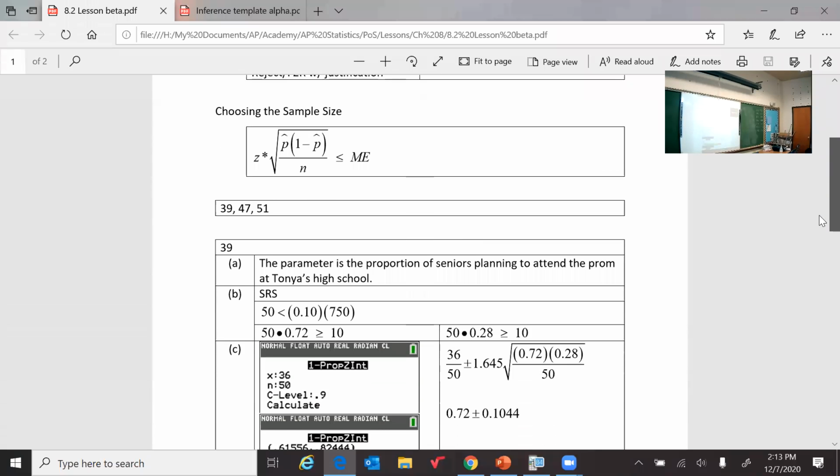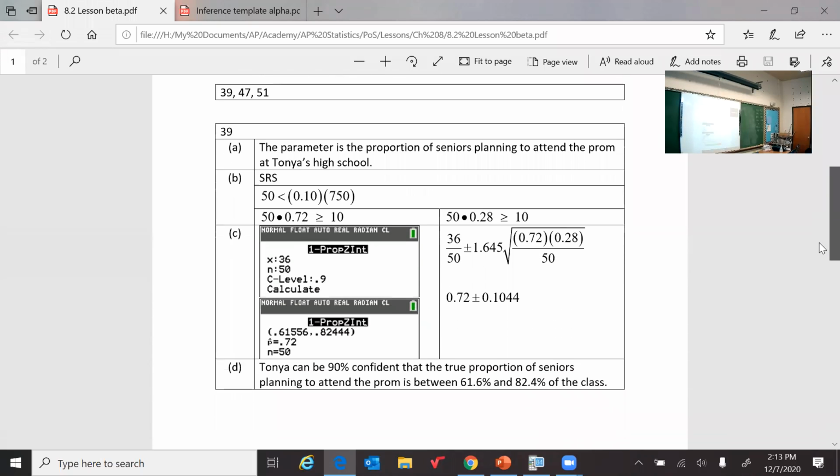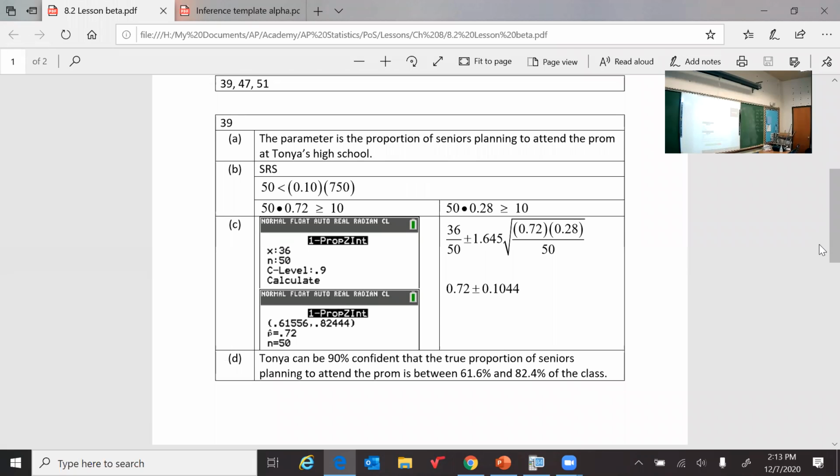39. Ready? What is the parameter? Well, you got to identify it. That's the true proportion of seniors that are planning to go to the prom. What are the conditions? Simple random sample. Your sample size is less than 10% of the population.